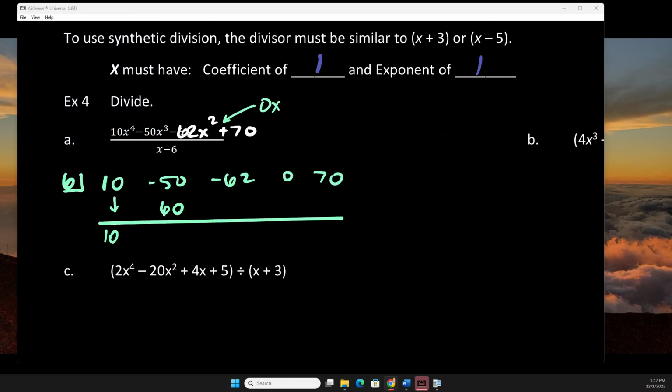Negative 50 plus 60 is 10. All right, then you're going to multiply the number in the box by the number under the line. And then you're going to add, and you get negative 2. And we're just going to keep on multiplying and adding, multiplying and adding.